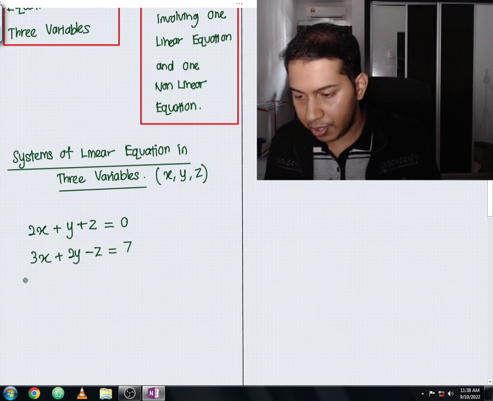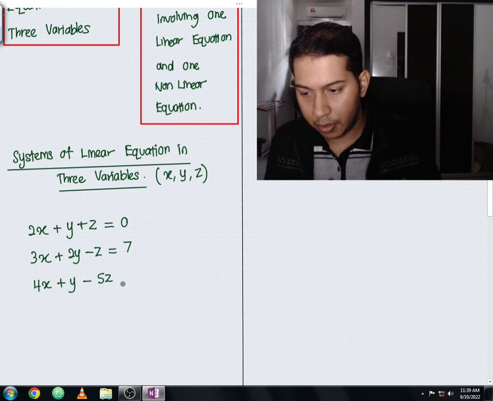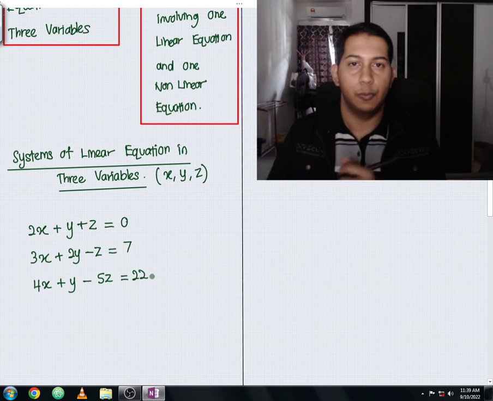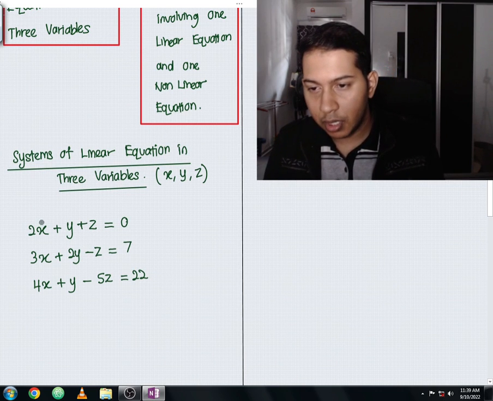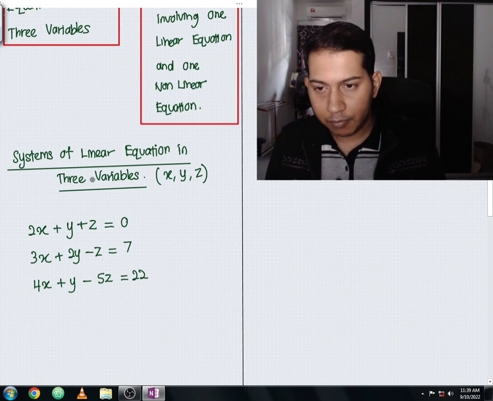And the third equation, 4x plus y minus 5z equals 22. So this represents 3 variables.